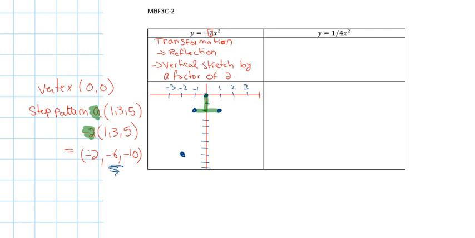I have to go down 6 over 1. So if you see here, this is my parabola. Can I go down 10 for the next one? It doesn't fit, right? I can go down 10 over 1, but it doesn't fit. So I'm okay to stop here. I have 5 points. That's all I need.